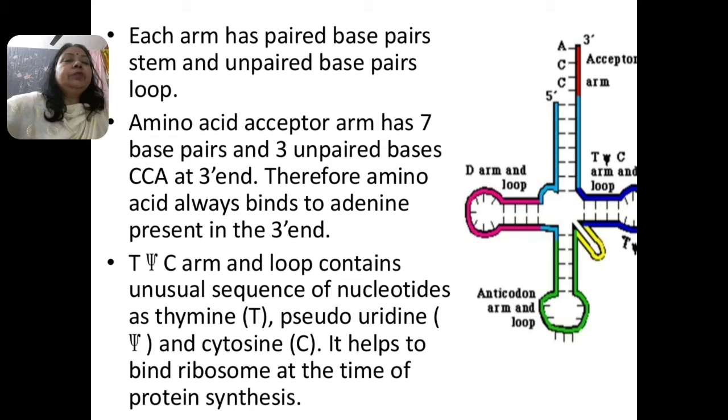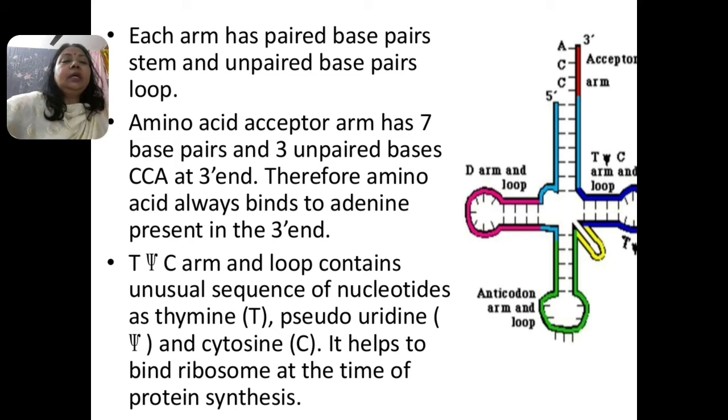Therefore, the amino acid always binds to the adenine present at the 3' end, because there are 3 free unpaired nucleotides, CCA. So it is the point where the amino acid binds.